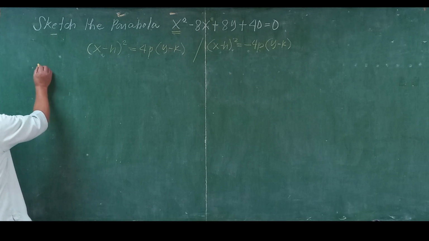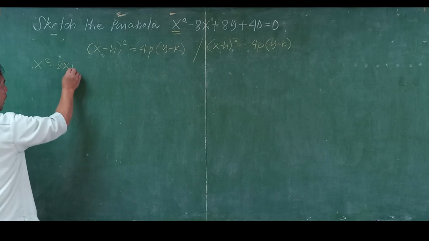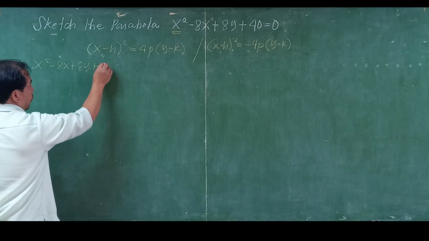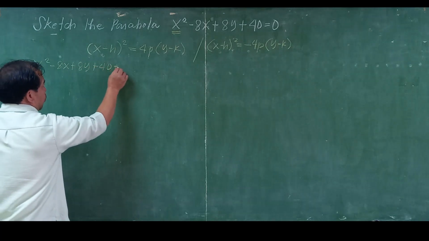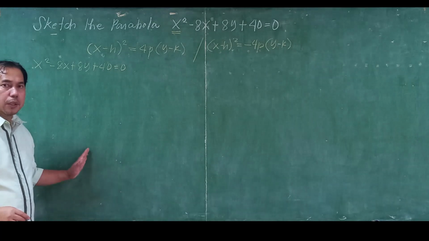That is the same as x raised to 2 minus 8x plus 8y plus 40 is equal to 0. What is the very first thing that you will be doing?